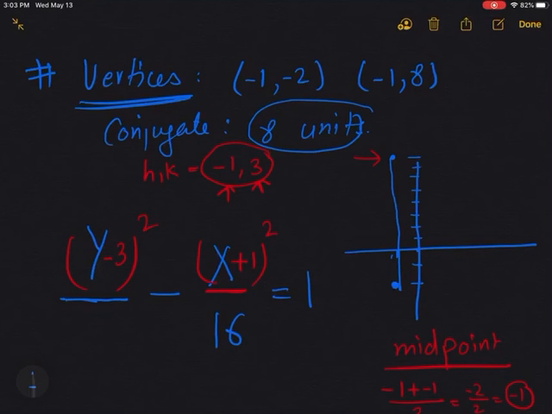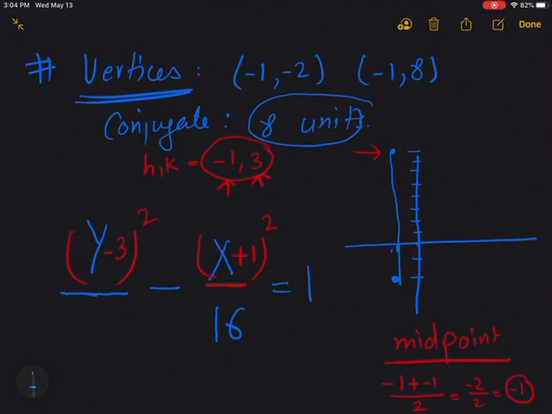Okay. Now, how far do you go on the y-axis? There are multiple ways. We know the center point is at (-1, 3) here. How far do you go on both sides? You can literally count these boxes, or think about this: you go from 8 to -2.